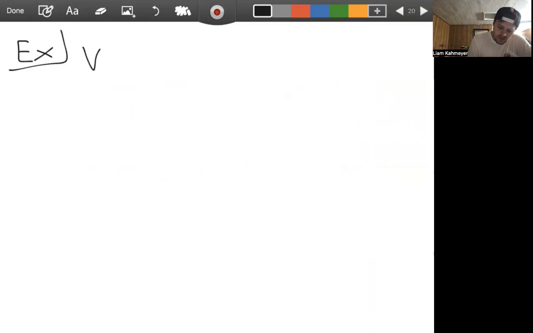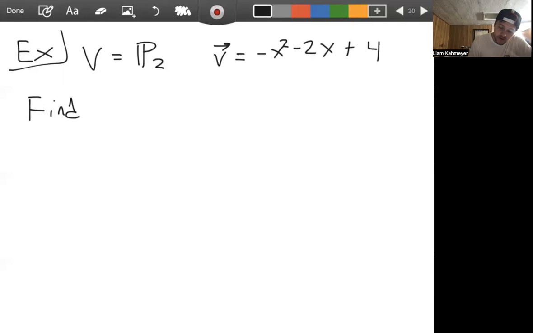Let's say we're looking at the vector space P2, and an element v of P2 given by negative x squared minus 2x plus 4, and we want to find the coordinate vector.